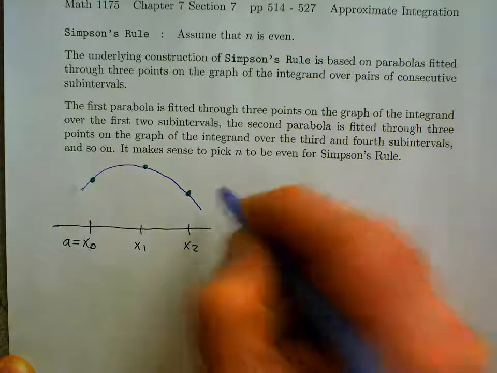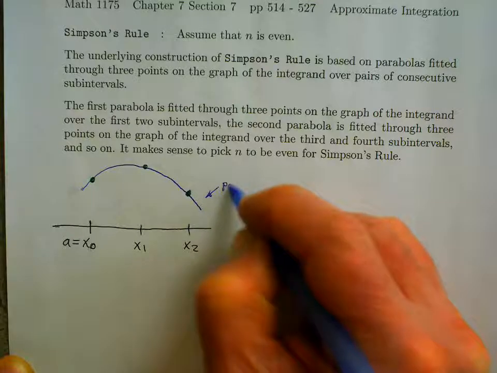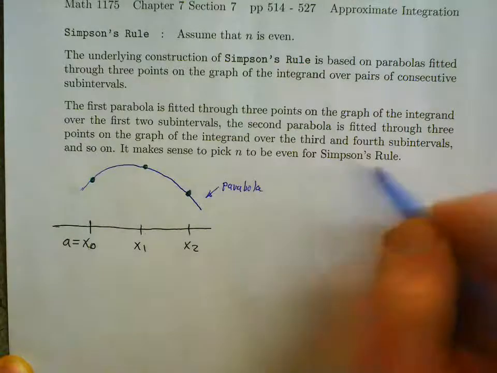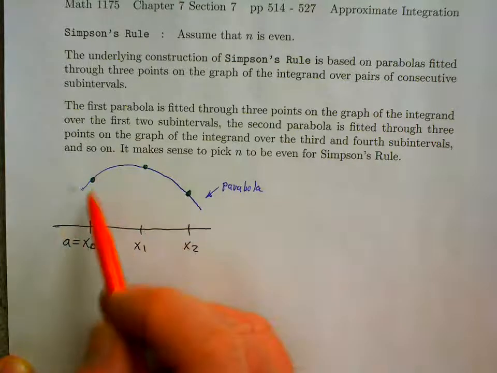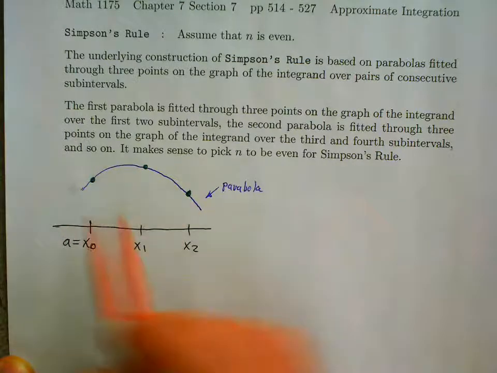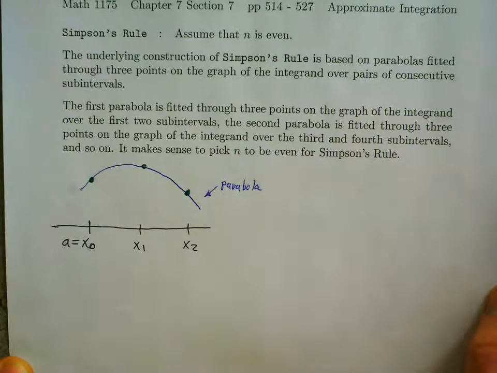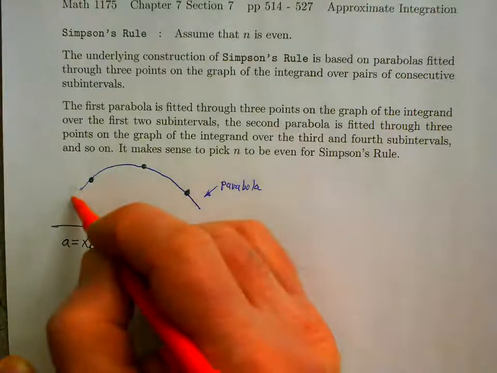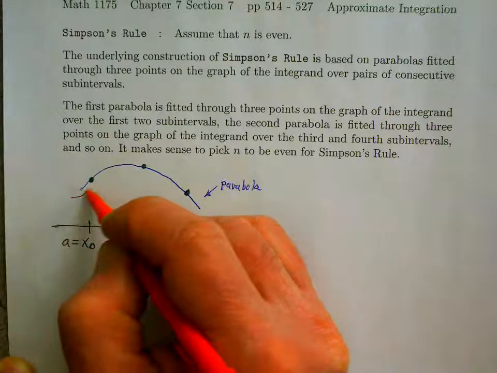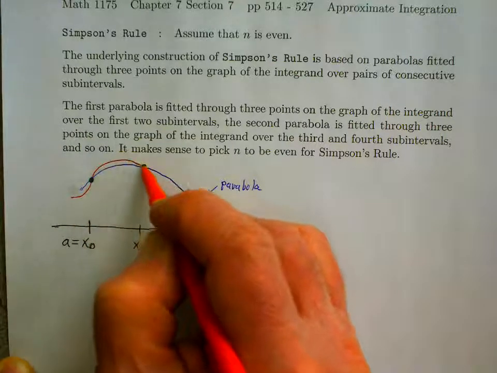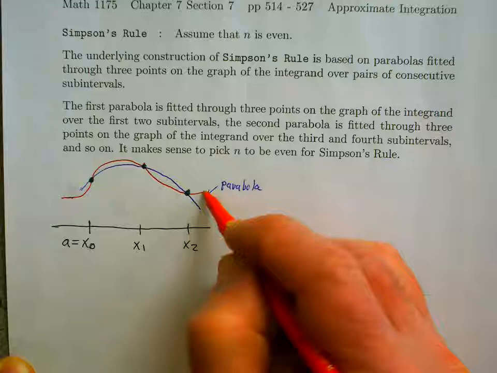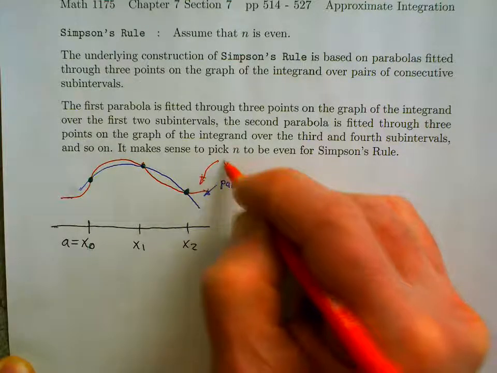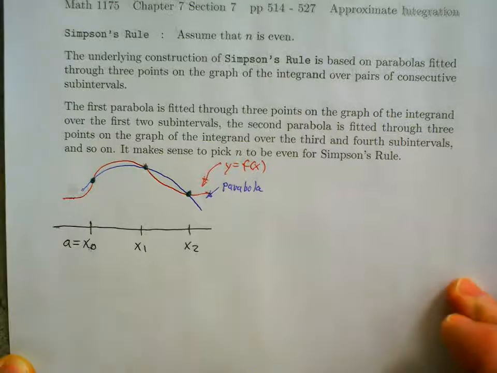So this blue line is the parabola that is fit through those 3 points. But suppose the graph of f also passes through those 3 points, but it won't necessarily look like a parabola. It can do a lot of things. So this is just one possible graph of f of x, y equals f of x, is the red line.